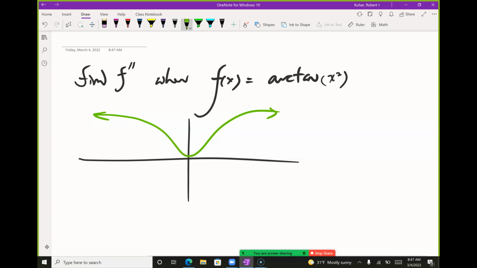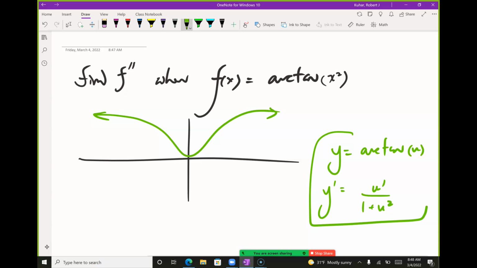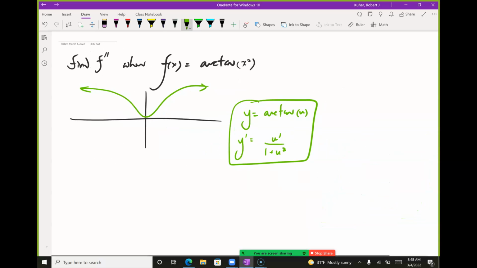So let's do this one and see how you do. This of course is an arctan of u, right? So the first thing I'm looking at on my formula sheet is what do I need to get the derivative of arctan of u? So I have it written down. Y prime is u prime over 1 plus u squared, right? So I've got that piece written down.